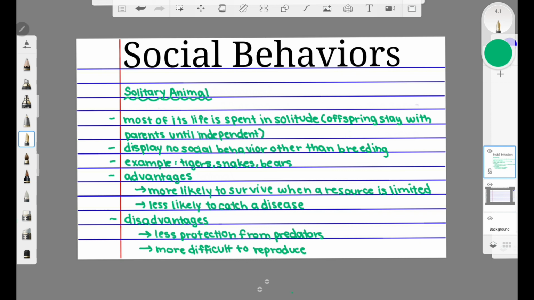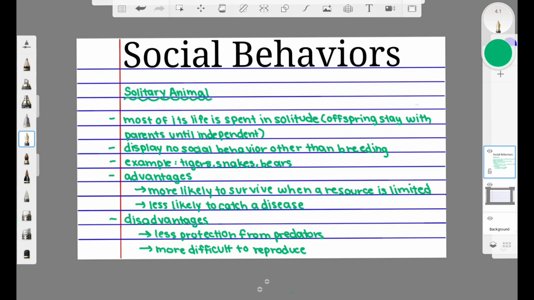But some disadvantages of a solitary animal is that there's less protection from predators because being in a group means that there's many different animals to look out for predators or to attack when a predator is there. So it's less likely for one animal to be attacked because there's so many others, whereas a solitary animal only has itself.